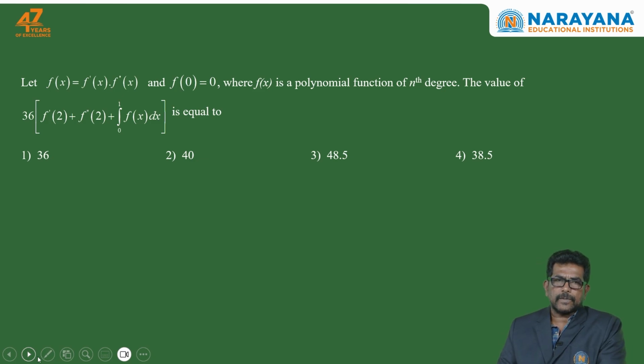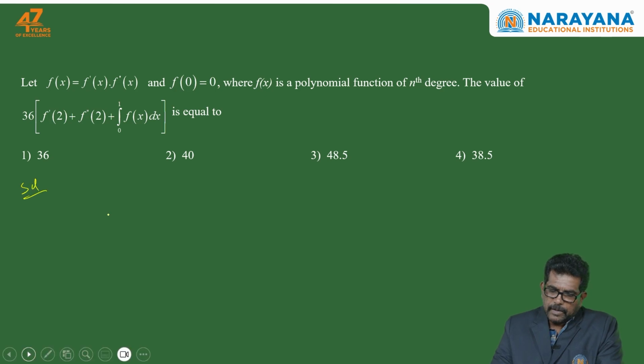So here first of all, f of x is a polynomial function of nth degree, then f dash of x is n minus 1th degree, f double dash of x is n minus 2nd degree.